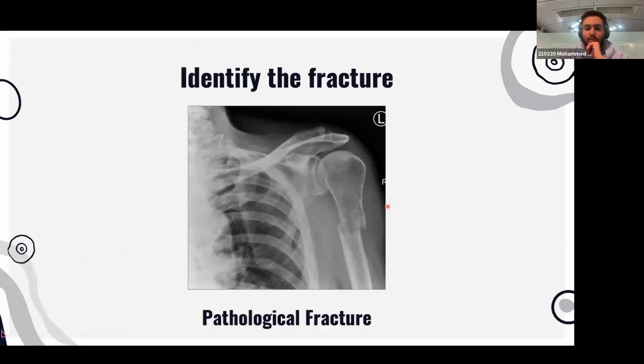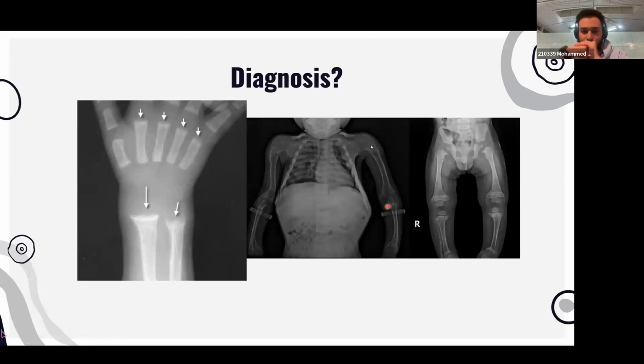So, moving on. What is the diagnosis of this? This is rickets. To answer your question, it very much depends on the stage.